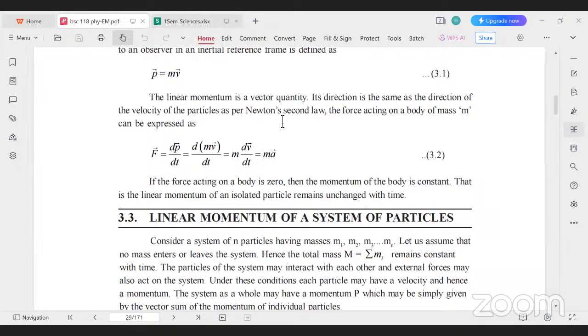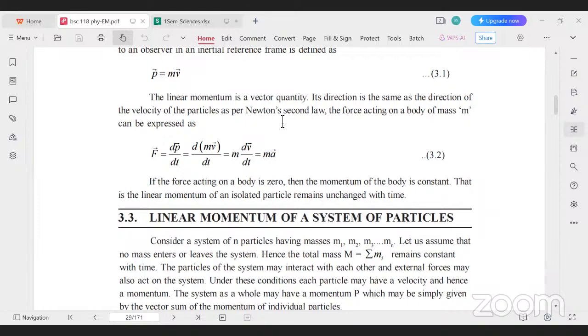Let us assume that no mass enters or leaves the system; the electrons can't jump out of the iron sheet, and they remain the same in that system. I'm just giving you the best example, so while I'm explaining, please try to imagine how things are working. So the complete mass M we are taking.